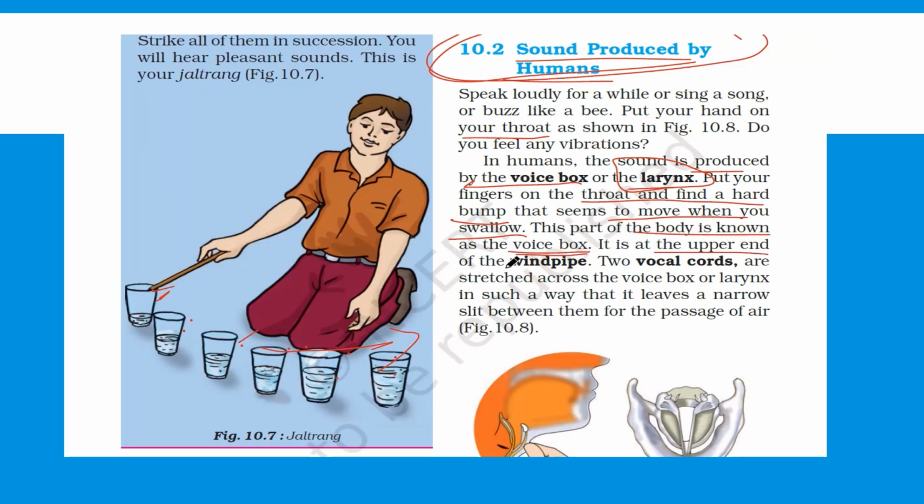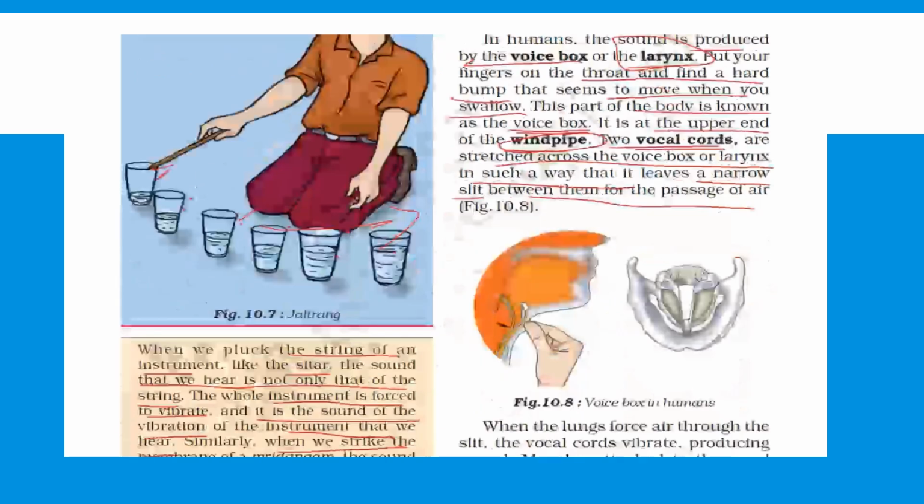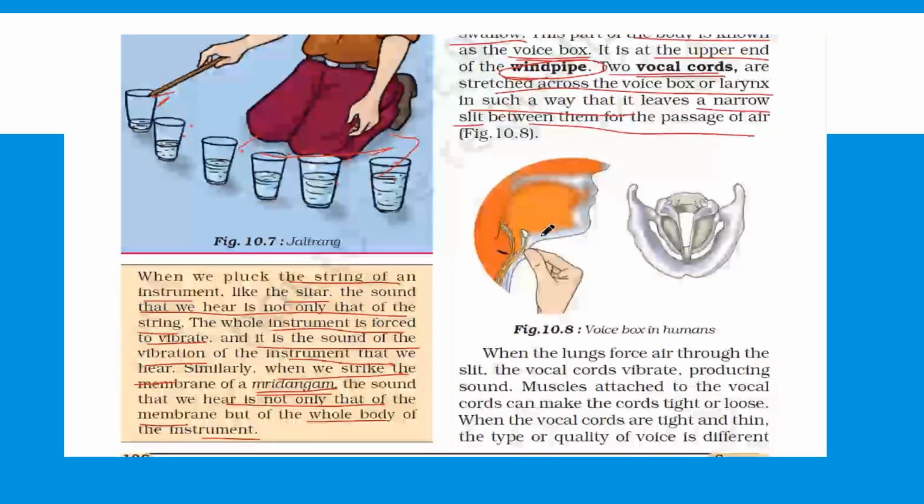It is the upper part of your windpipe, and it has two vocal cords, and they are stretched across the voice box, the larynx, in such a way that it leaves a narrow slit between them. This narrow slit is there for the passage of air, and this passage of air causes sound.